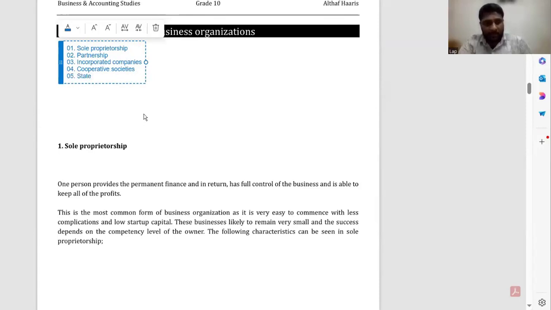State companies or corporations. Sixth one, departments. Seventh one, associations.